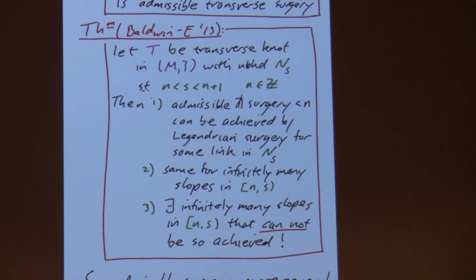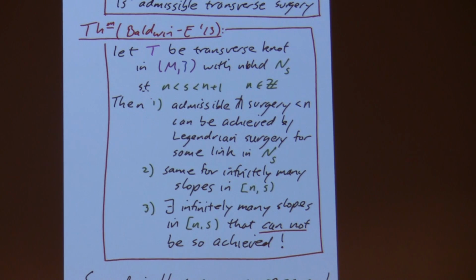But it turns out that there's also infinitely many admissible transverse surgeries you can do between n and s that cannot be done by any Legendrian surgery, any sequence of Legendrian surgeries on a Legendrian contained in the original neighborhood of your transverse knot. Now, you might hope maybe there's some much more complicated Legendrian very, very far away from your transverse knot. That's kind of cheating.